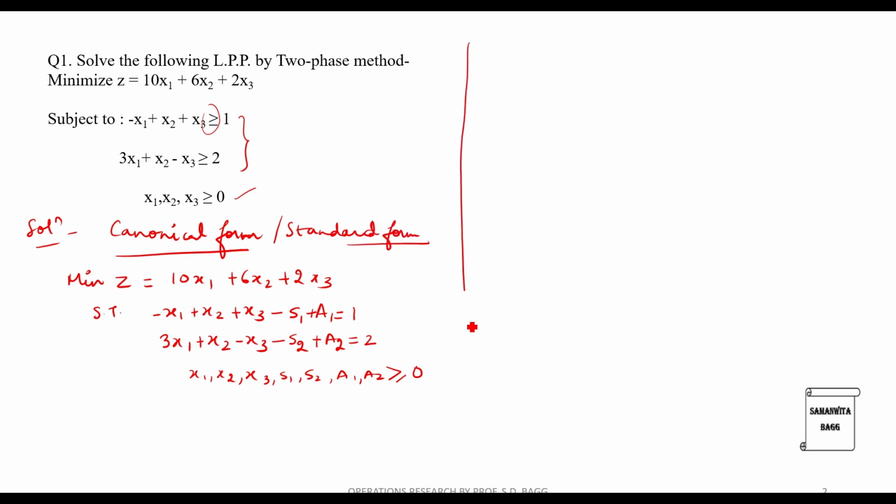Now next what we write is called the revised objective function. We have discussed in theory that we need to write the auxiliary form or the revised objective function, which is of the form minimize. We will have a new objective function, say w =, which is only the summation of the artificial variables.